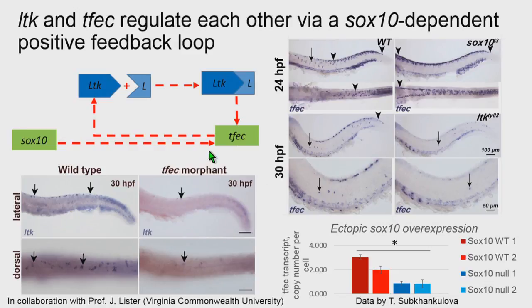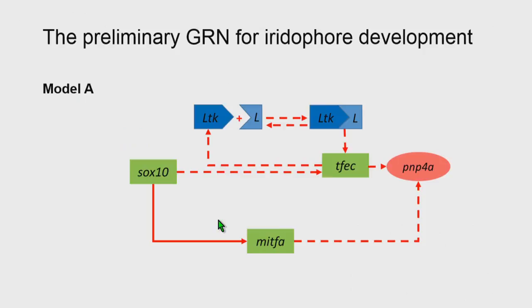And similarly, TFEC, we find, also drives LTK to maintain the gene's expression in this lineage. And we show that by knocking down and also knocking out TFEC in other experiments, and we find that LTK is significantly decreased.